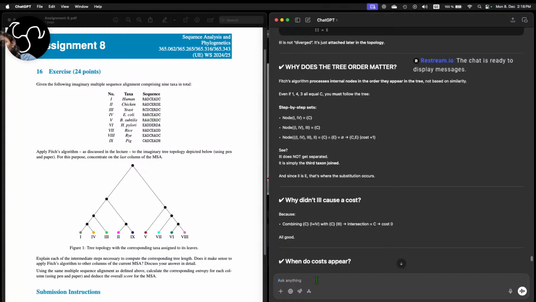I want to describe this tree to ChatGPT. Okay. I'll describe how the tree looks. You are only seeing the last part.